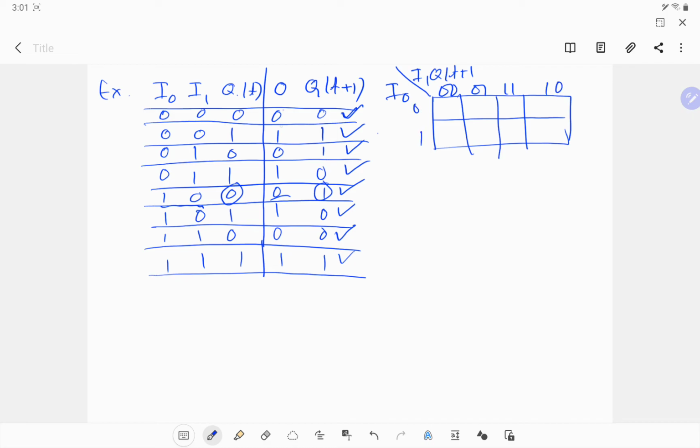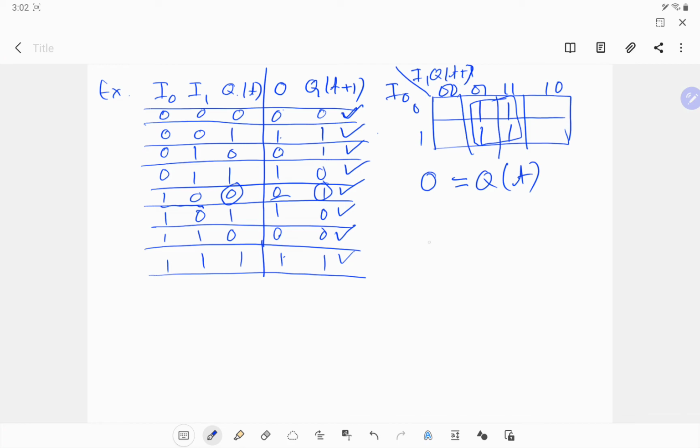Then for O, 0 1 0 1 0 1 0 1 0 1 0 1 0 1 0 1. Okay, that is easy. So then the function is Q(t).